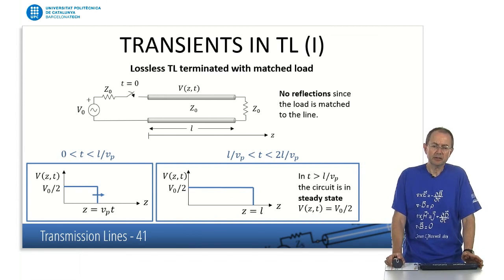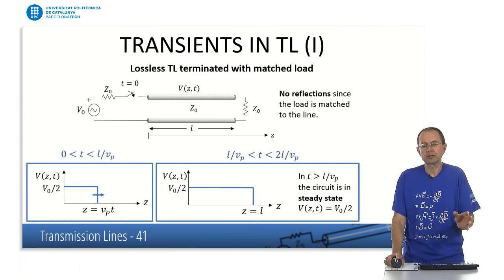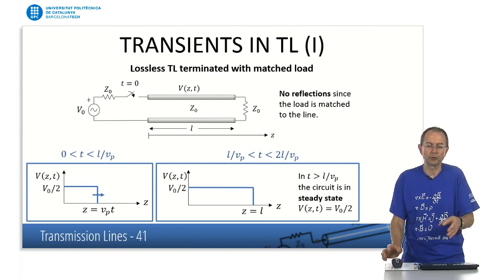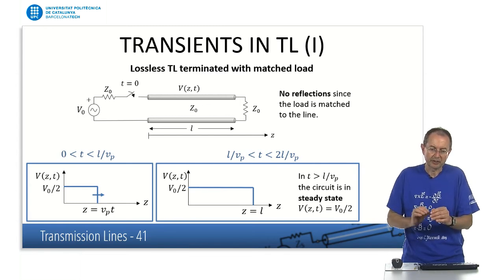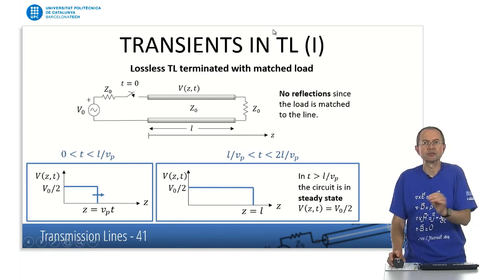But there are certain situations when this sinusoidal analysis is not the most convenient. So let's assume we use a transmission line to connect two digital systems, and they are just transmitting pulses. For example, we connect two chips, and these chips are communicating digital levels, ones and zeros, with two different voltages.